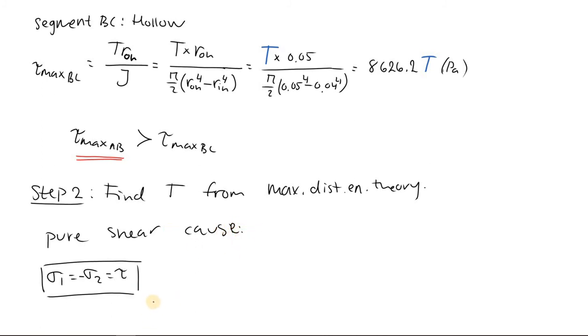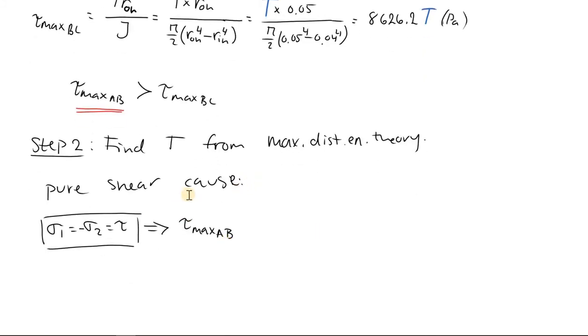And in our case, that would mean all these will be equal to shear stress max in AB. These will then apply to the maximum distortion energy theory.